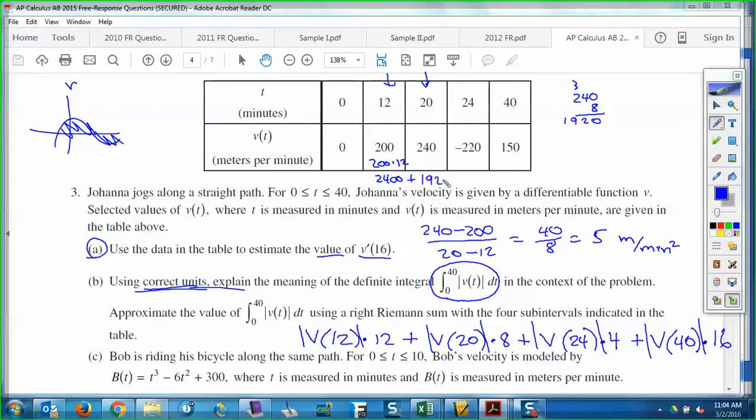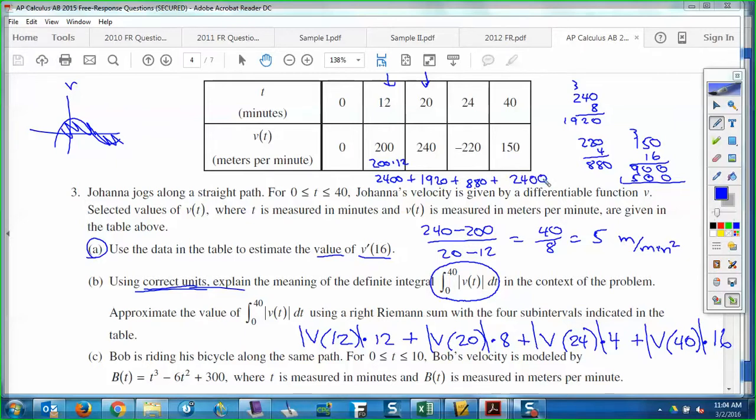That's 1,920, plus 220 times 4, what's that, 880, plus 150 times, what was it, 16, 2,400. Did I do that right? That's right.